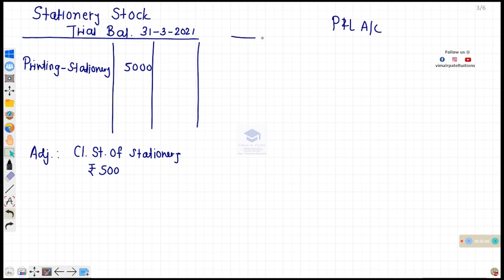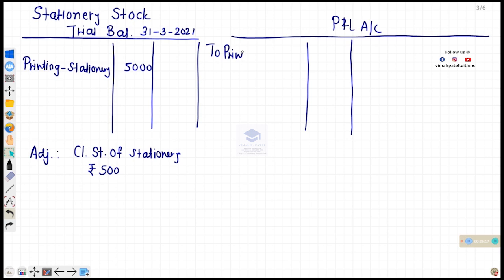Then it will have two effects. On the debit side of P&L account, printing and stationery 5,000 minus stationery stock or closing stock of stationery.